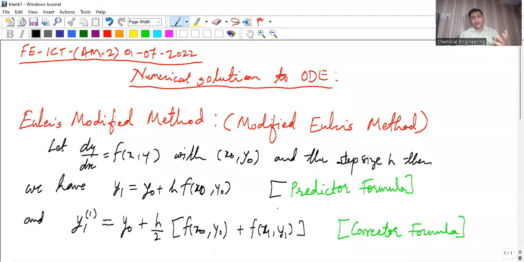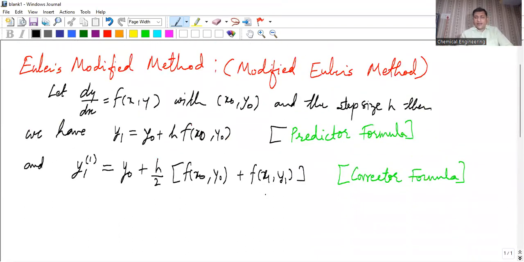Once we get the accurate answer, then we stop. This is the difference between the Euler method and the modified Euler method. We improve the accuracy in the modified method. In Euler's method, we don't think of the accuracy. Here we are going to improve the accuracy every time. So is this idea clear?